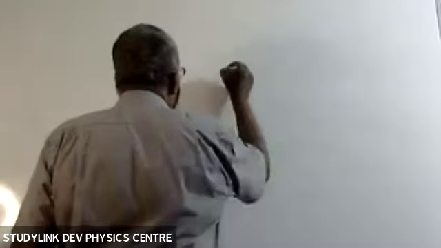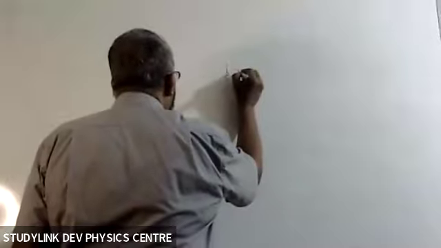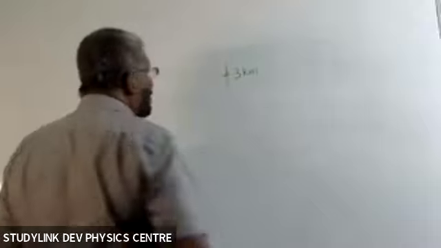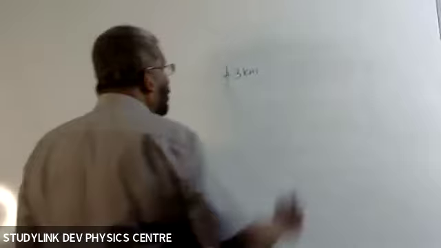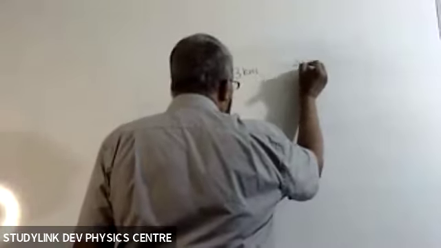Example. A car travels towards north 3 kilometers, then towards east 4 kilometers.